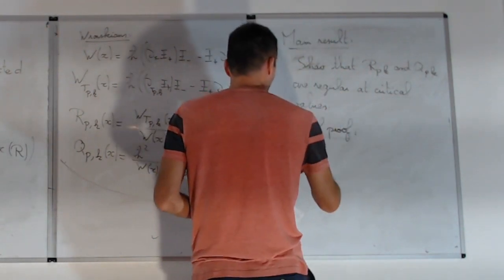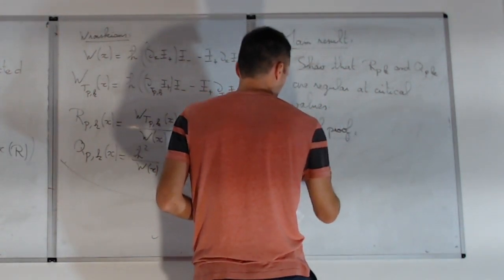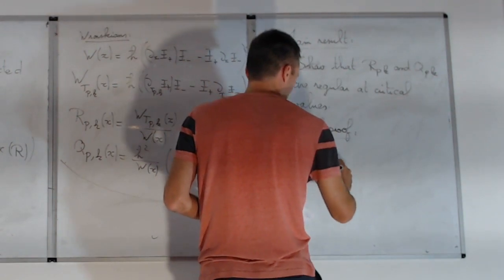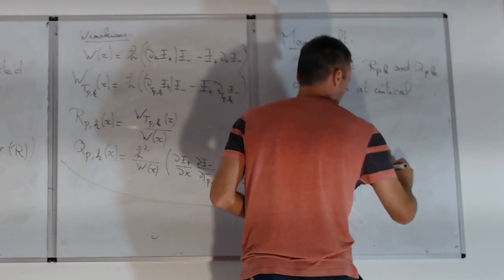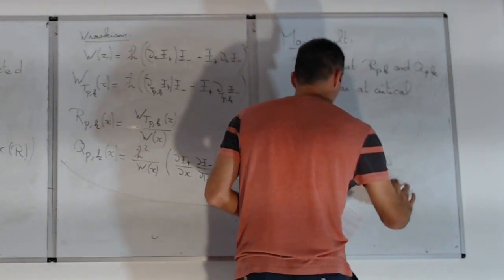So you write down, this is why it's technical, because you have 3 derivatives.